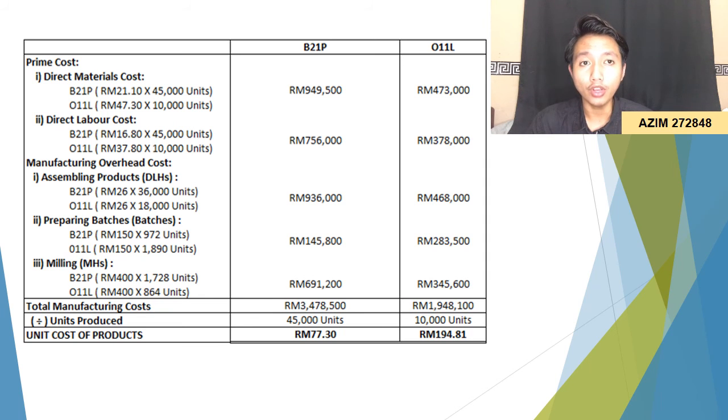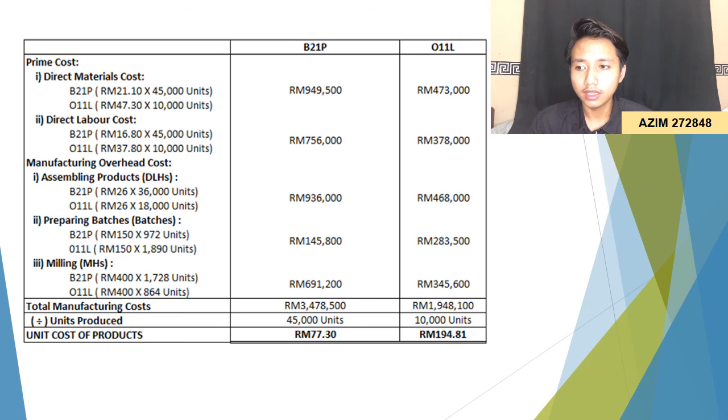While for the job O11L, the total manufacturing cost is 1,948,100 ringgit. So we need to divide it by the units of production to get the unit cost of product. The units of production for the job B21P is 45,000 units, while for the job O11L, the units of production is 10,000 units.